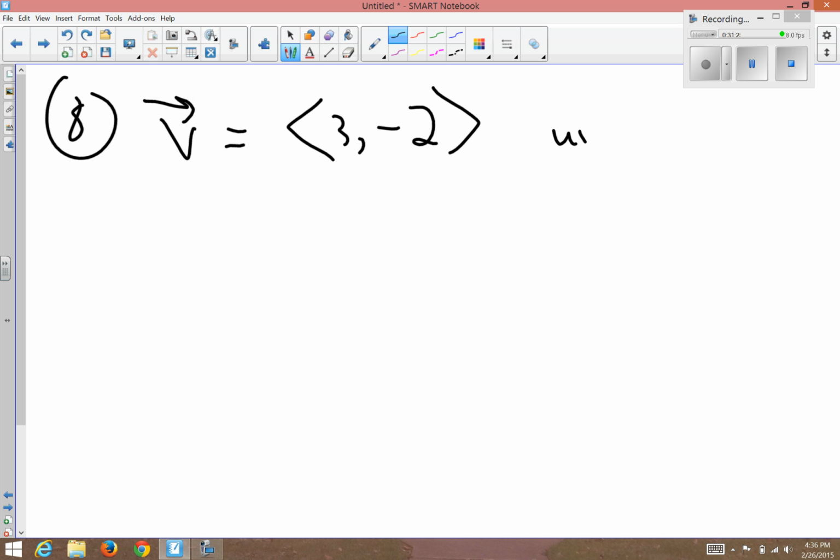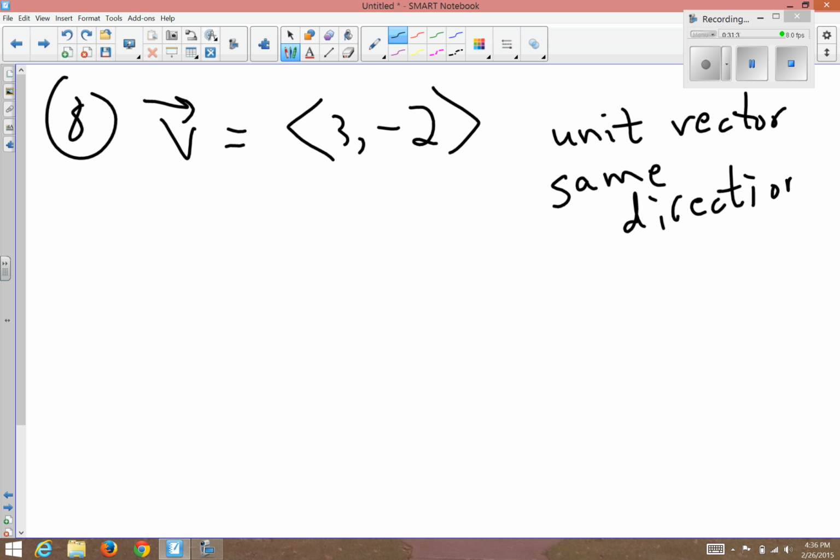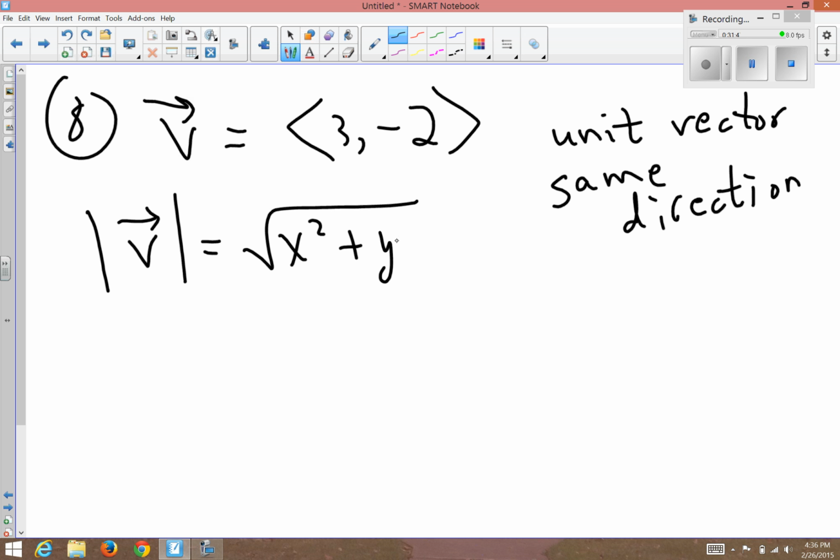So first thing we do is find the magnitude of this vector. And its magnitude is always the square root of x squared plus y squared. The magnitude of this vector is the square root of 9 plus 4.